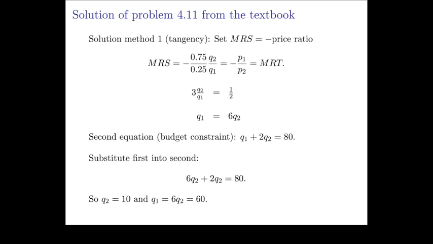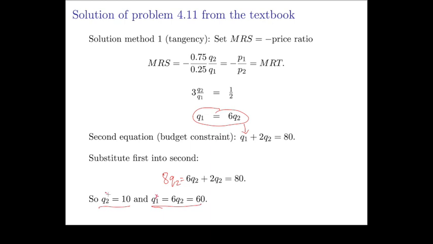So if we plug in Q1 here, we get 6Q2 plus 2Q2 equals 80. So 8Q2 equals 80. So Q2 has to equal 10. If Q2 equals 10, then Q1, which is 6 times Q2, has to equal 60.